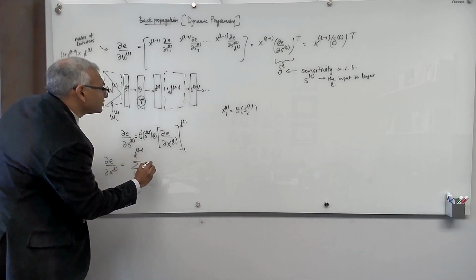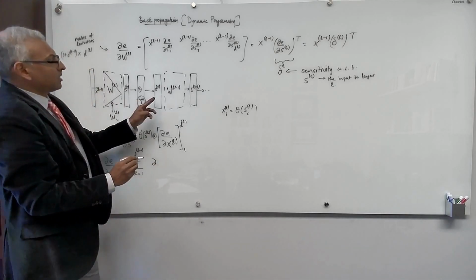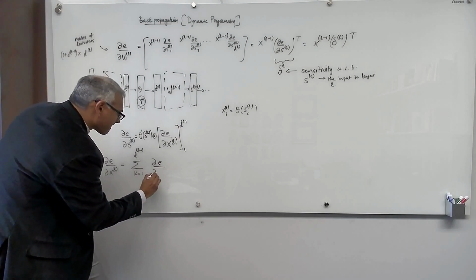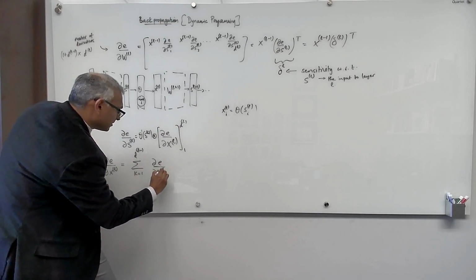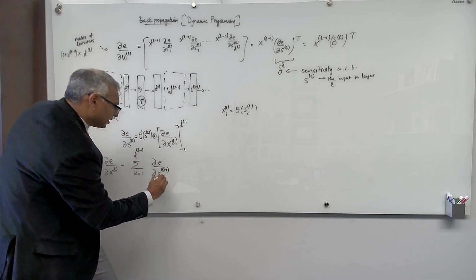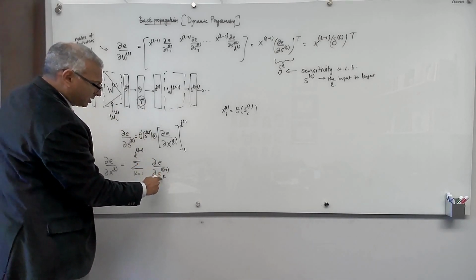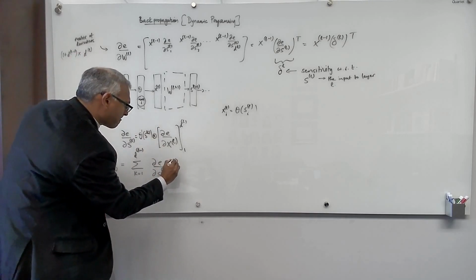The derivative of the error with respect to each of those inputs, S L plus 1 K, multiplied by the derivative of that input with respect to XL.